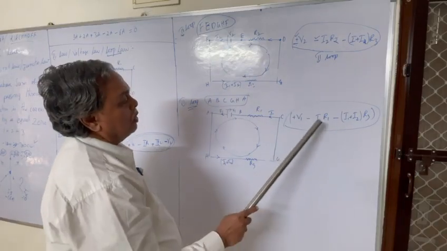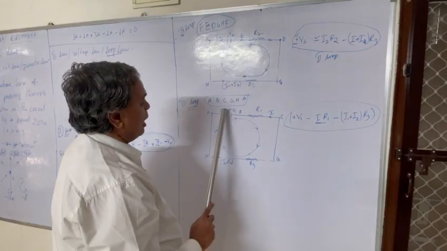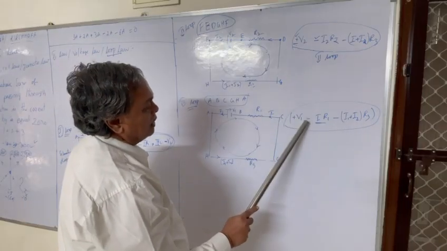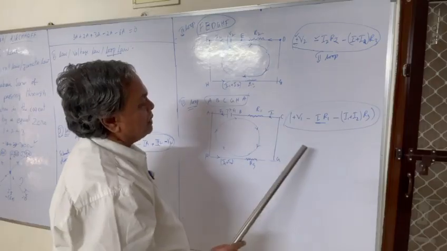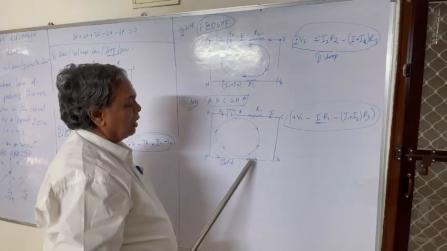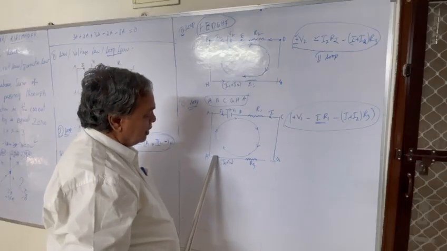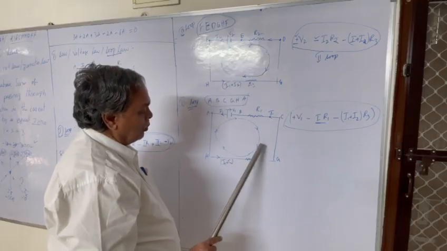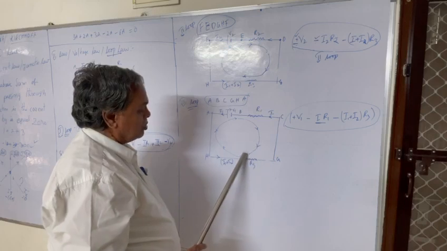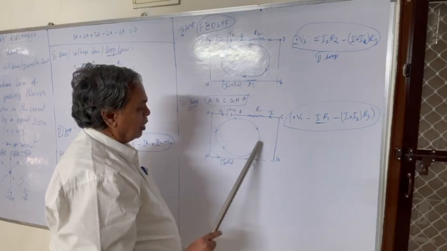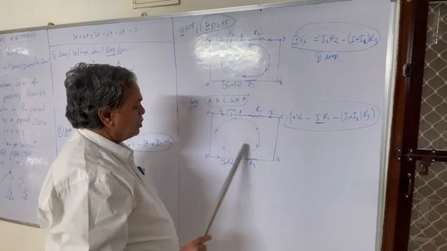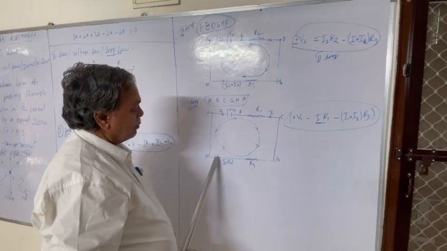This is I1, this is R1, against sign gives minus. Next, the third element R3: the current flows in this way, and the loop is drawn in this direction. The arrowhead of the loop is opposite to the arrowhead of the current in the schematic diagram.